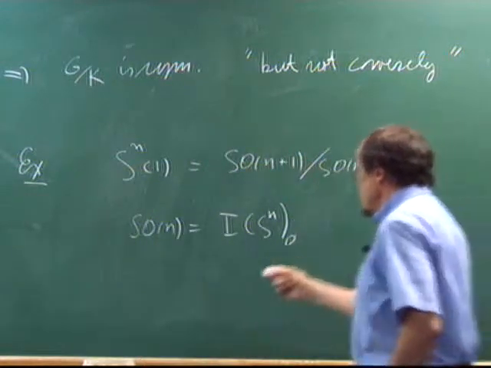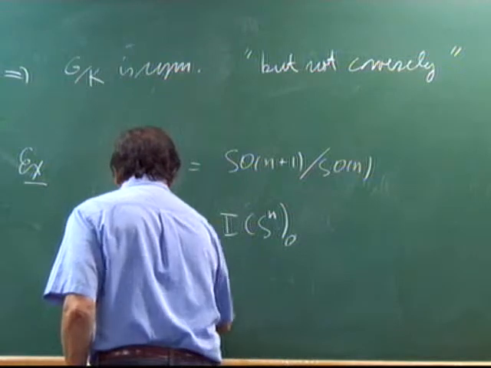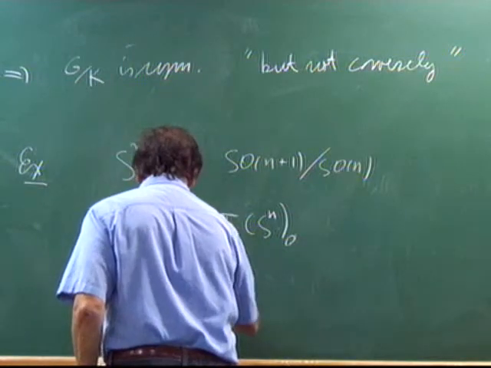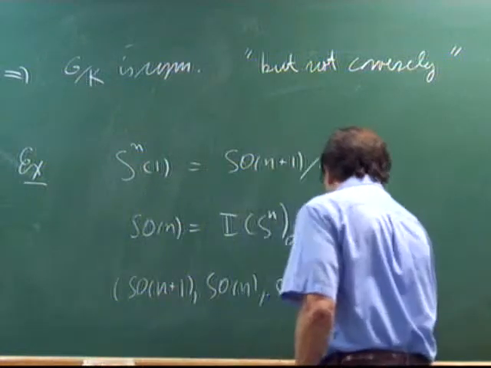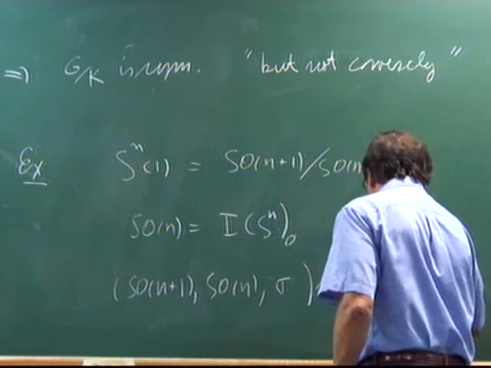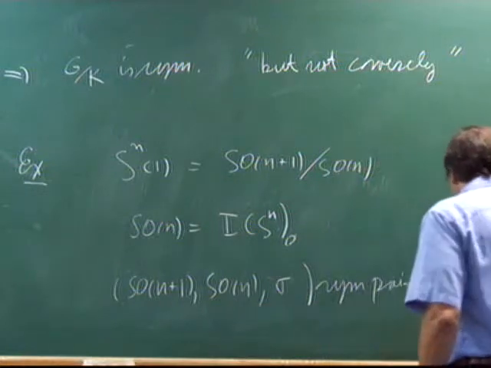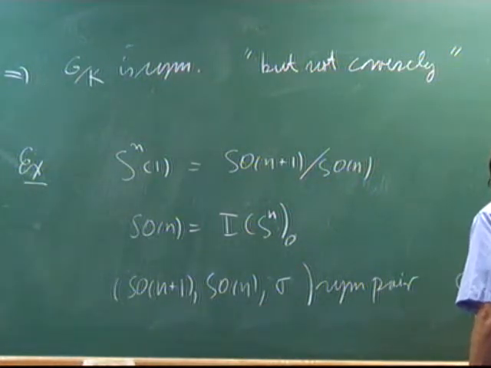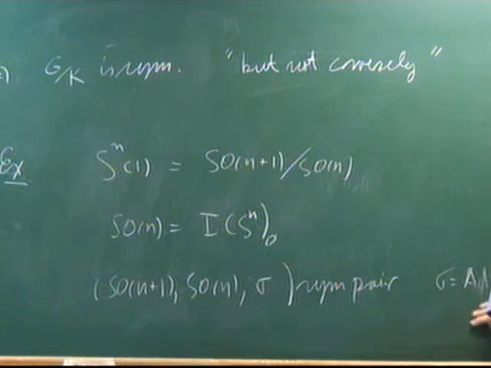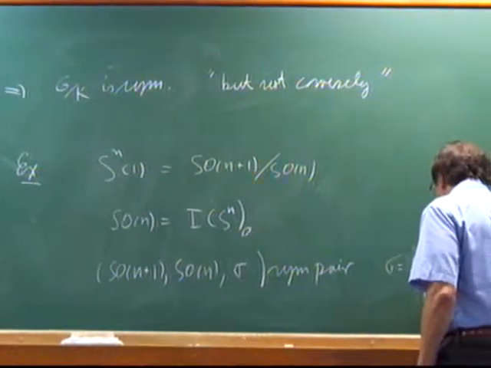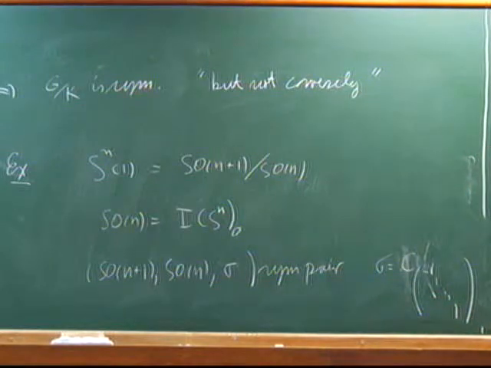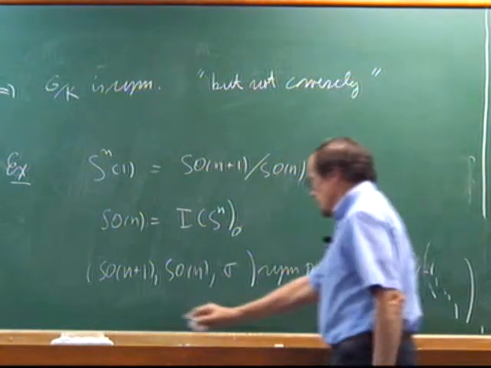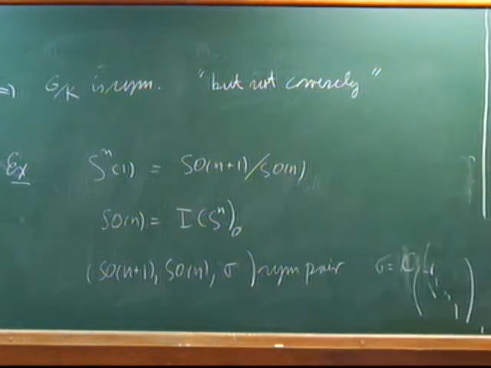And so this means that this is a symmetric pair, right? In this case, the symmetry sigma was the conjugation with this matrix. The fixed point set was SO(n). So that's a symmetric pair, but now I can do the following to describe the same space in a different way.